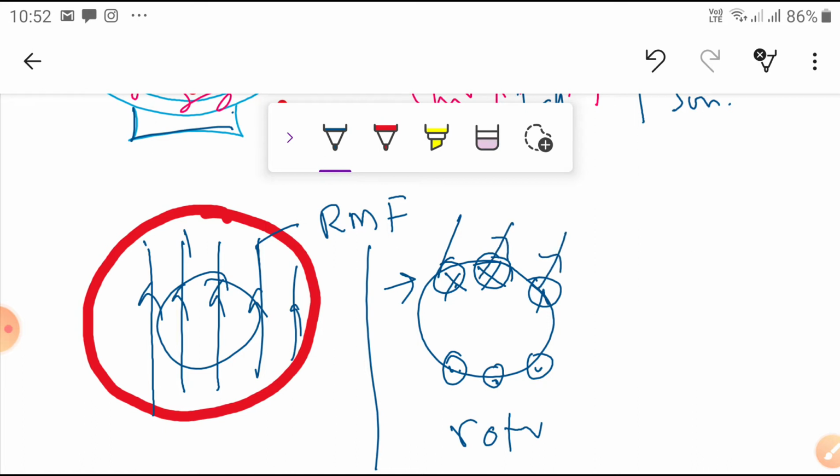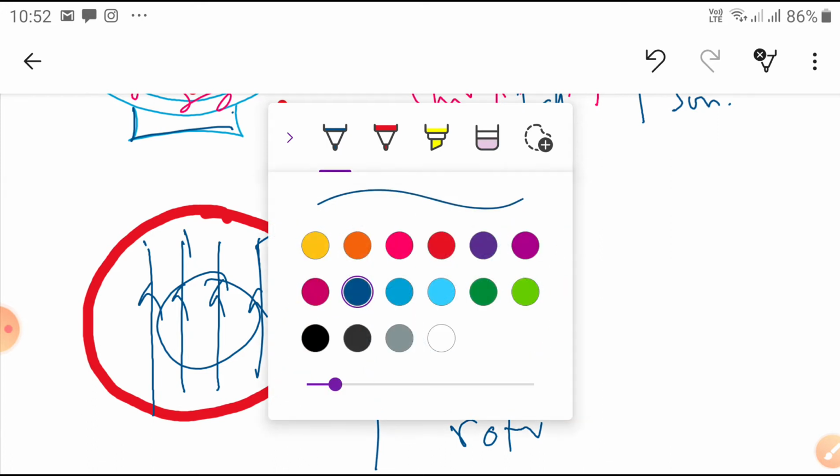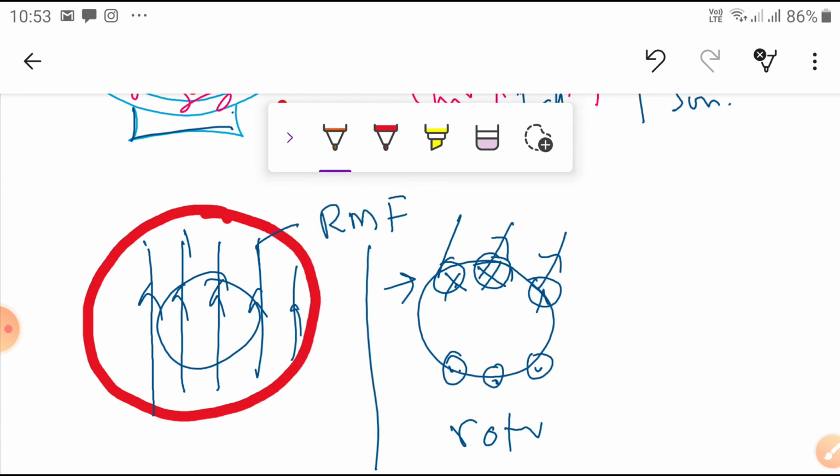Okay, now what will happen? As we know, the current direction here is this direction. As per the corkscrew rule, the flux produced here is tightening in this direction, and here in this direction. That means the flux produced here is in the clockwise direction.